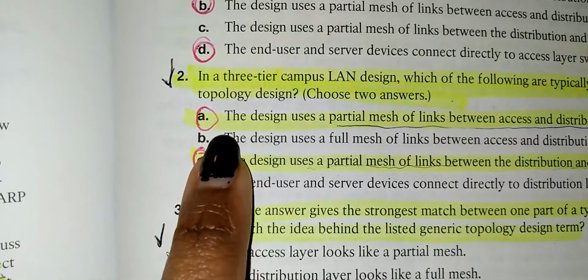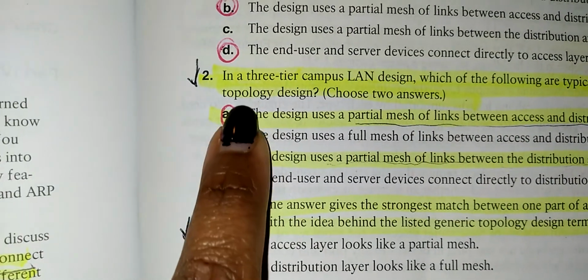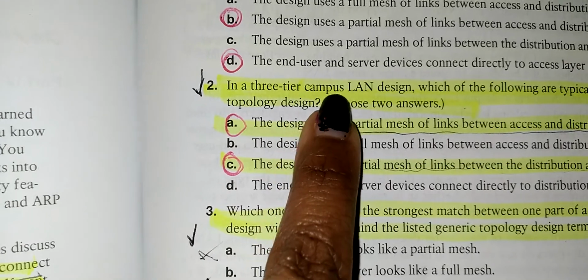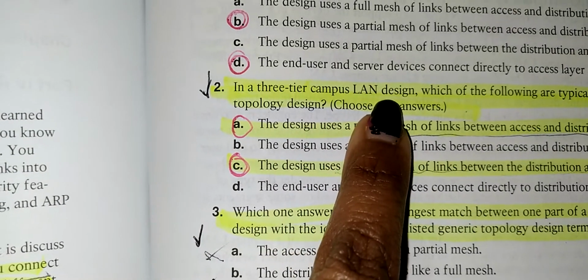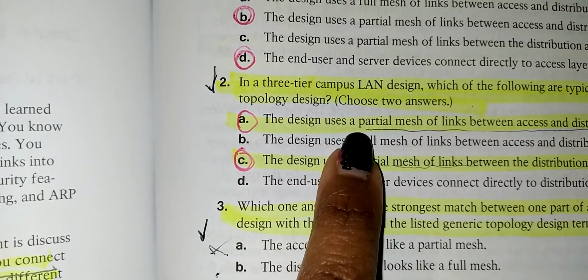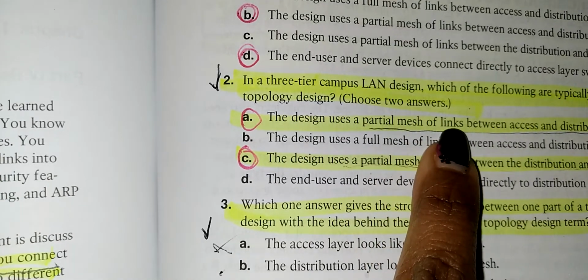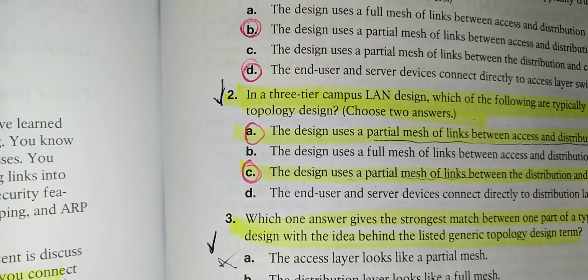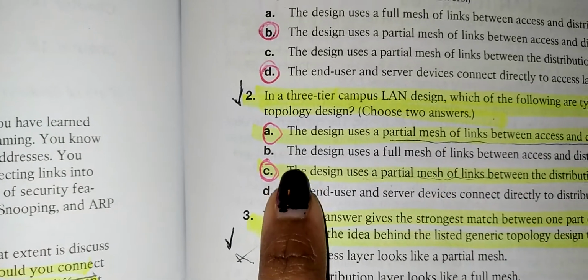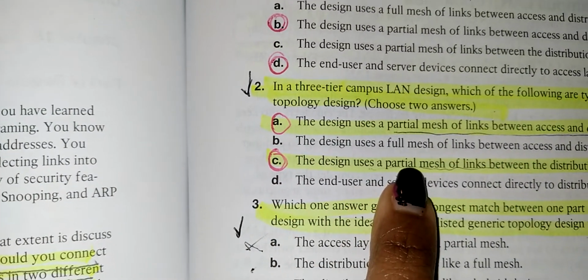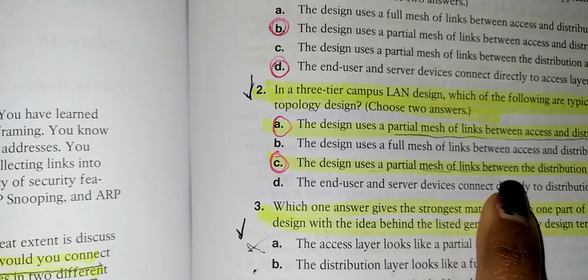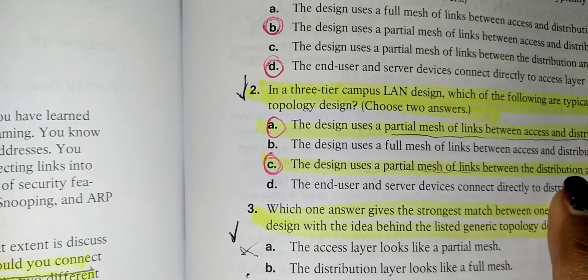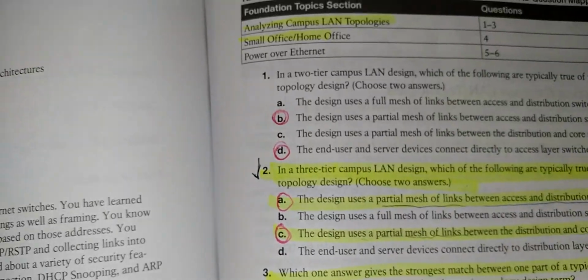The answers are A and C. In a 3-tier campus LAN design, the design uses a partial mesh of links between access and distribution switches, and the design uses a partial mesh of links between the distribution and core switches, which is what we just saw.